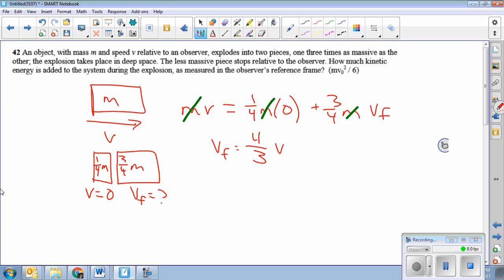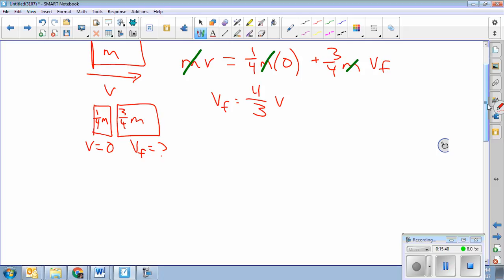So now what we've got to do is find our change in kinetic energy, right? Because it says how much kinetic energy is added. So let's find the change in kinetic energy. It's final minus initial.